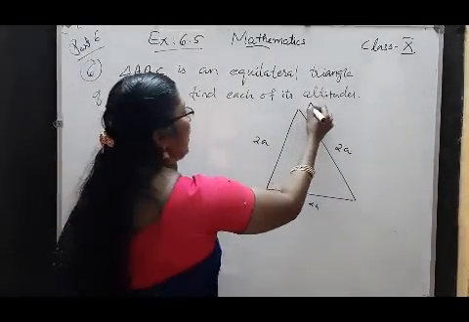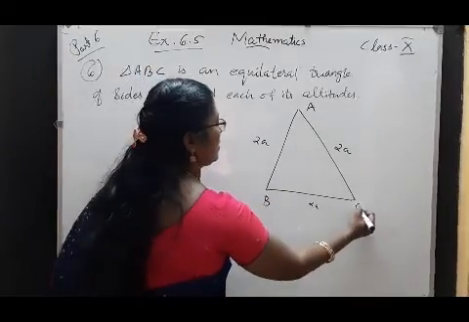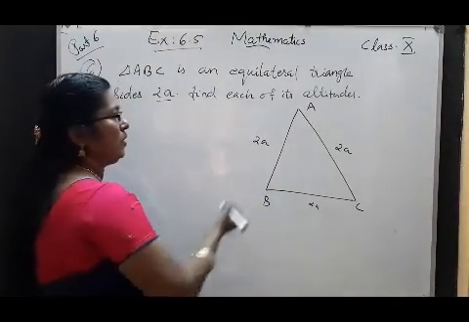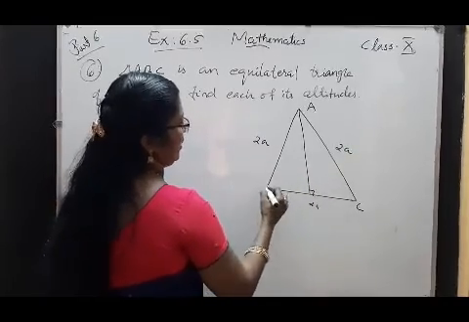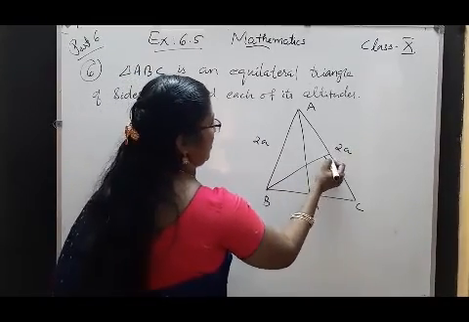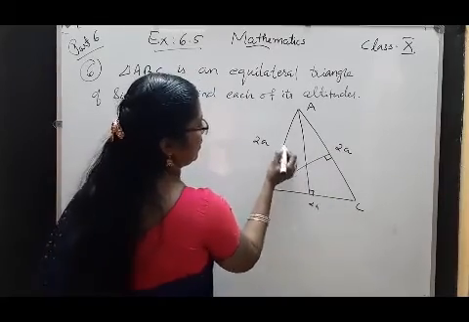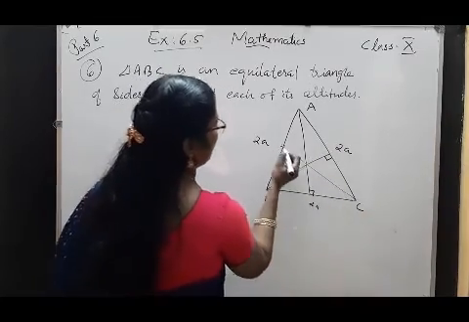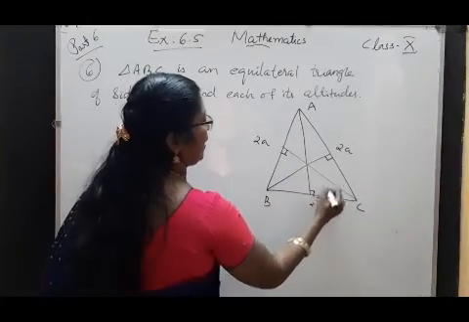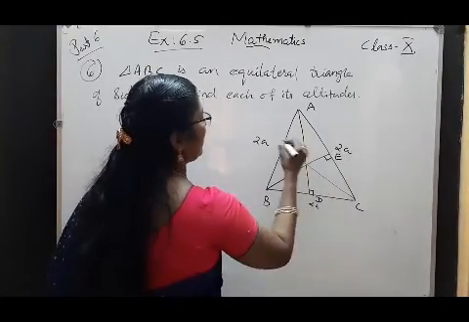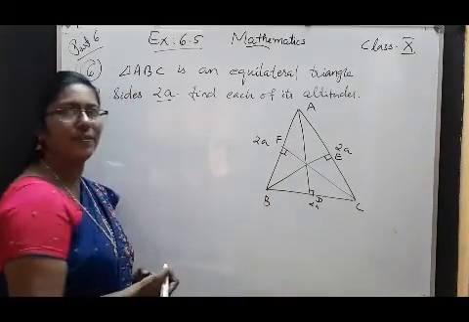Then name it A, B, C. Then draw an altitude. This is 90 degrees, and this is 90 degrees, and this is also 90 degrees. Name the feet D, E, F. Okay.